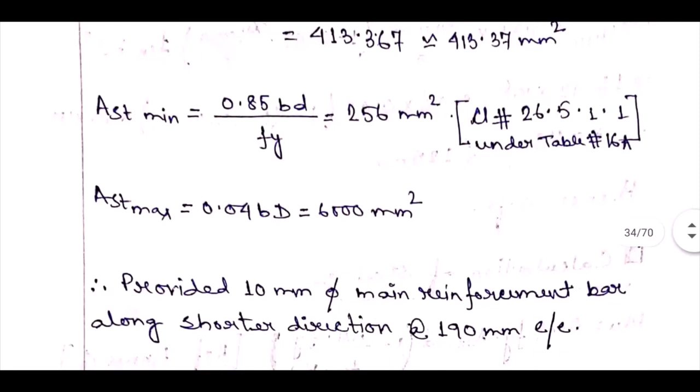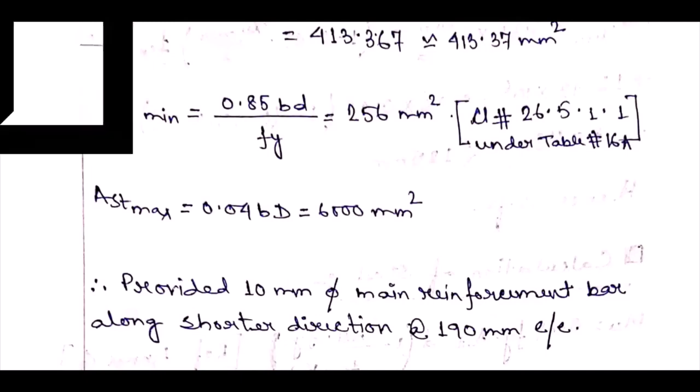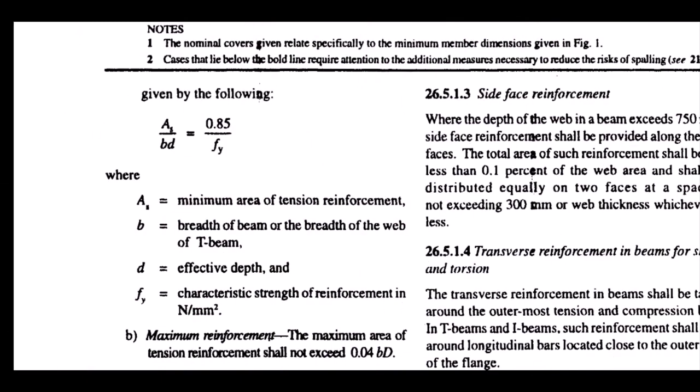So we can provide 10 mm main reinforcement bar along the shorter direction at the rate of 190 mm center to center. But let's check once the condition in clause number 26.5.1.1. Okay, let's go to the code. So look here, Ast by bD is equal to 0.85 by Fy.